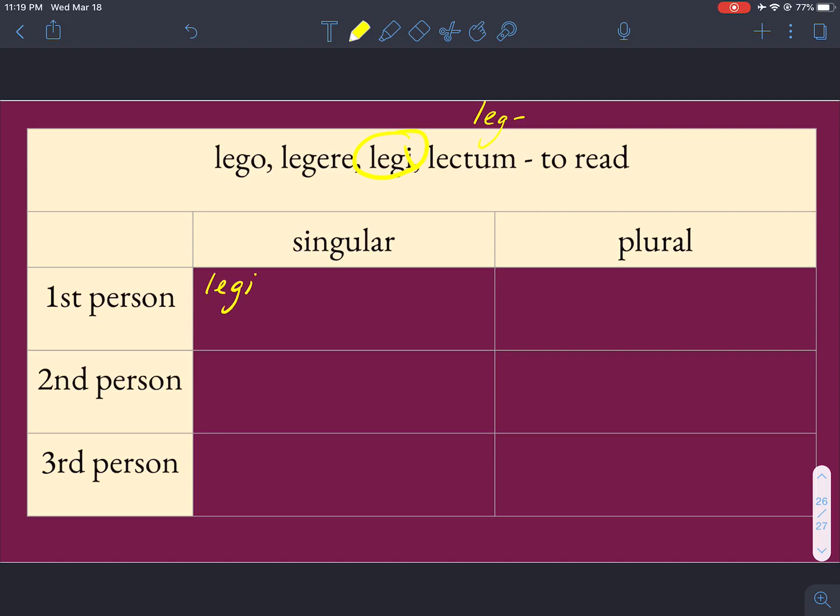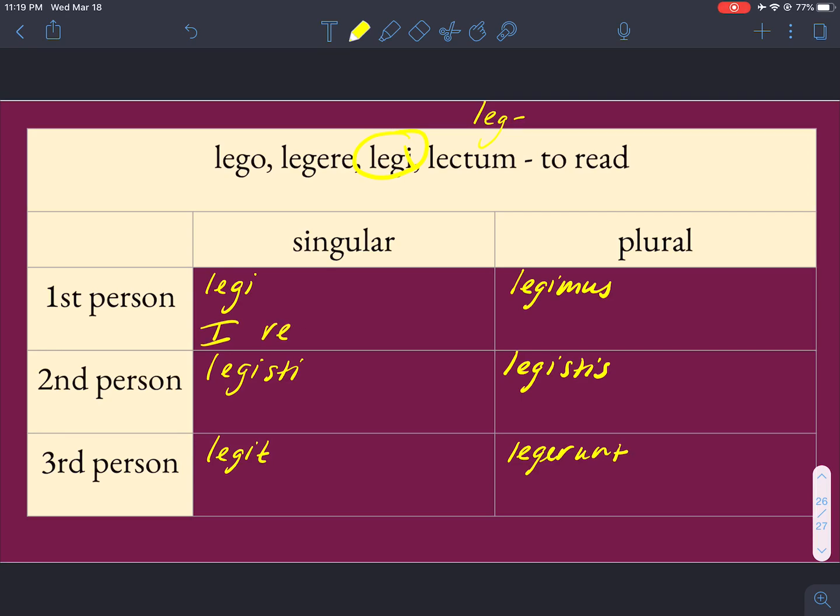All right, legi, legisti, legit. All right, it's not legit. It's legit. Okay. Legimus, legistis, and legerunt. Okay.